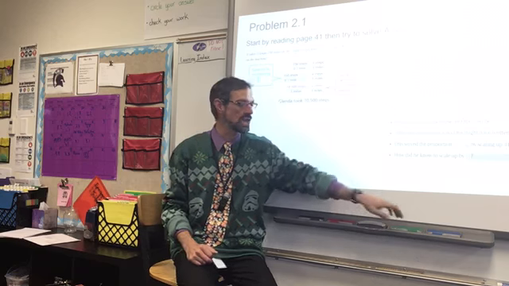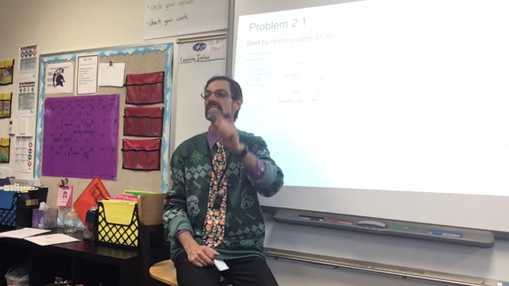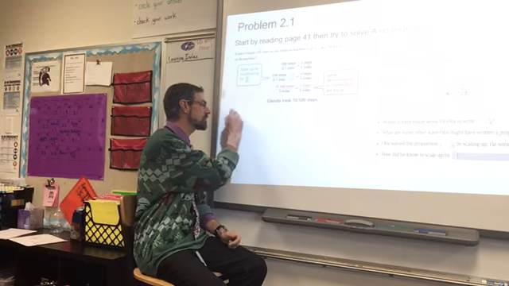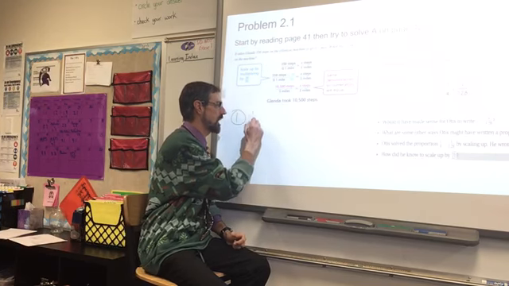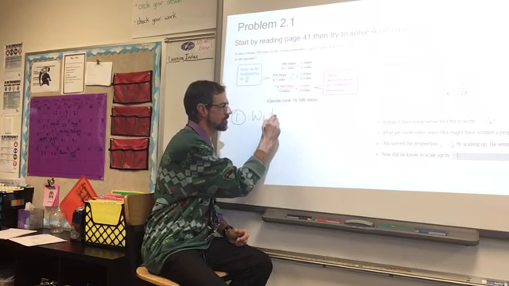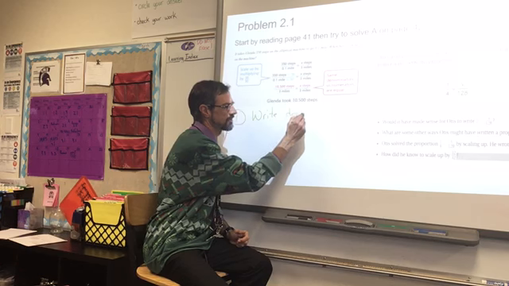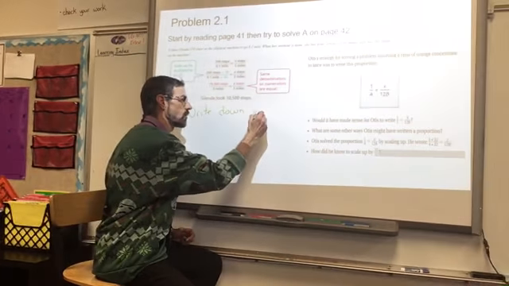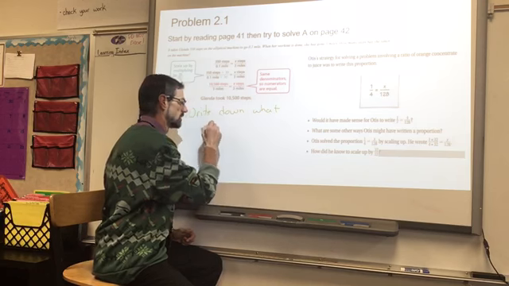I want you to do 3 things, and this is how I want us to get better at this. Number 1, write down. What do you think you should write down? Everything you know. Write down what you know.